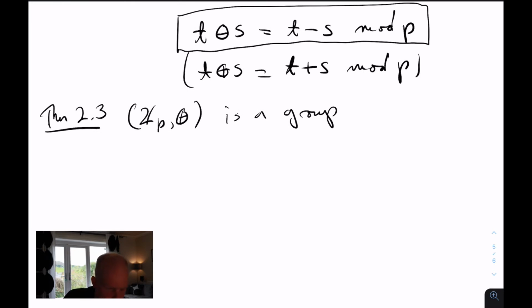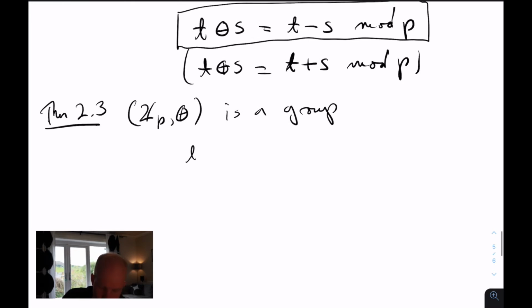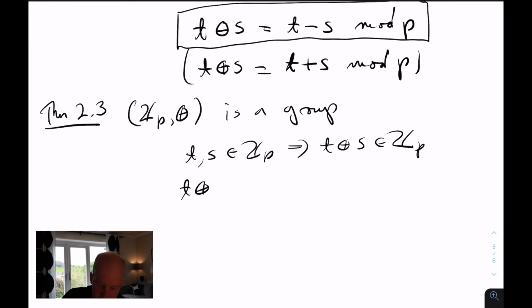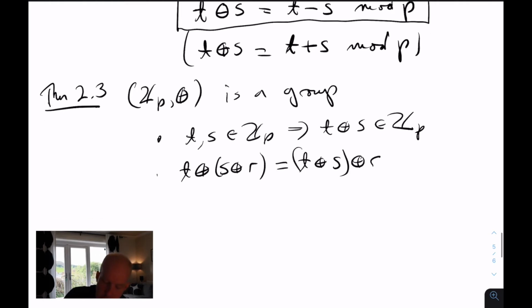So it satisfies that if t and s belong to Z_p, this is well defined: t plus s belongs to Z_p. Then you have associativity, t plus s plus r, and you can change the order.